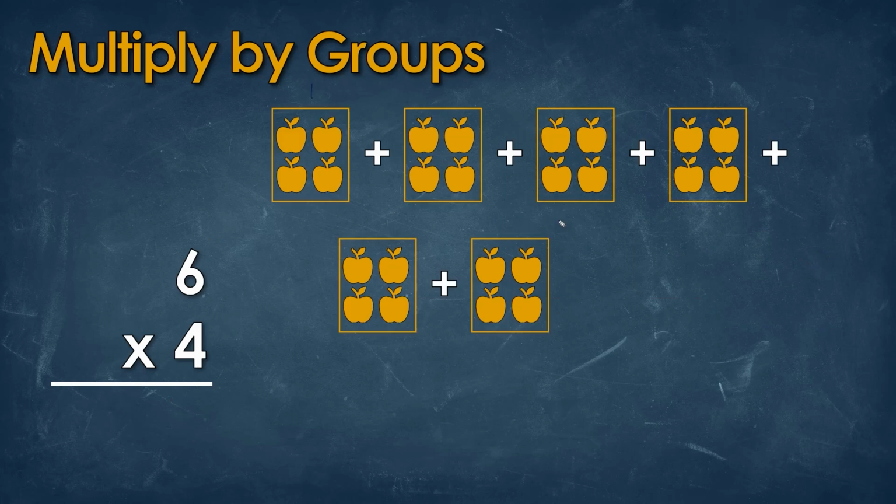Now let's take a look at this one. We have 6 groups, and with those 6 groups, we have a total of 4 apples in each group. So we could go 4 plus 4 plus 4 plus 4, but that is going to be a little bit too long, and it might be easier for us just to count. So instead of writing it down, we're just going to take a look. We got 1, 2, 3, 4, 5, 6, 7, 8, 9, 10, 11, 12, 13, 14, 15, 16, 17, 18, 19, 20, 21, 22, 23, 24.